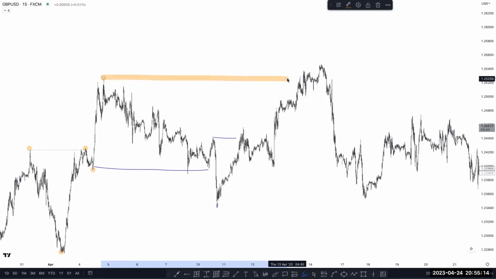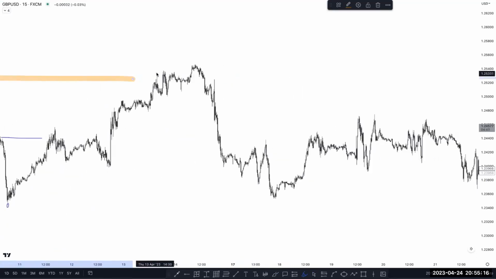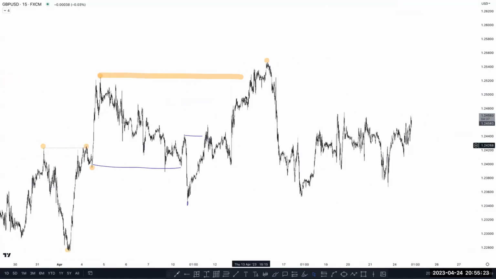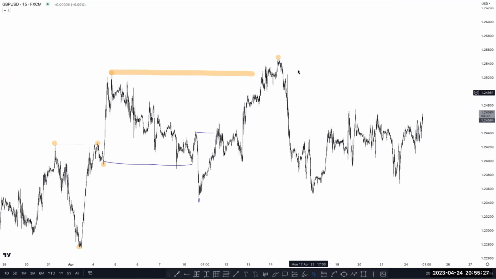Again, break the structure, major structure is here. Higher high, again push downside. And this is the exact structure, right? But right now, you can see this higher high and this higher low, market ranging between this one.